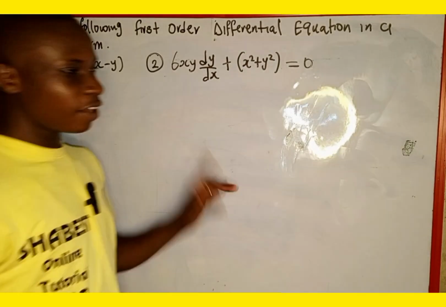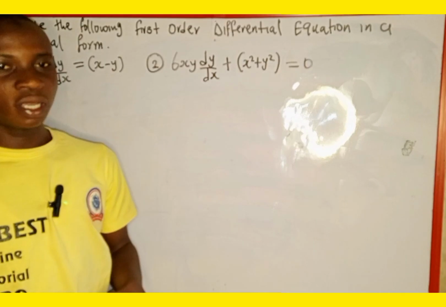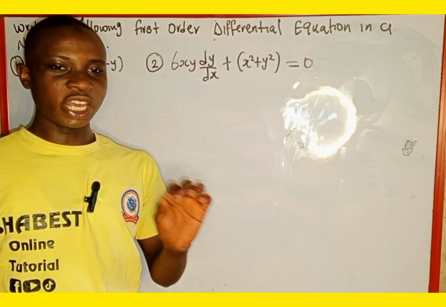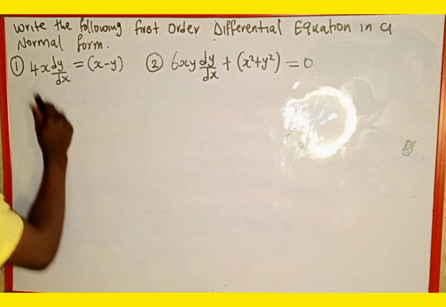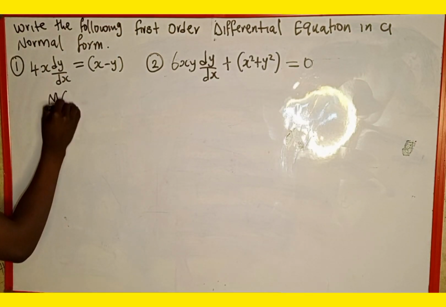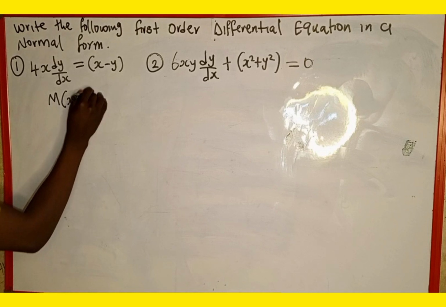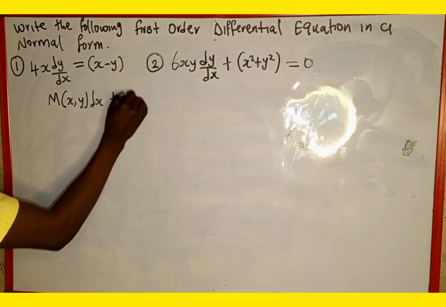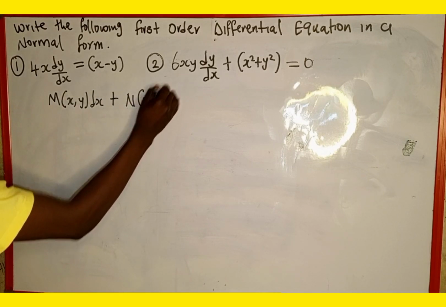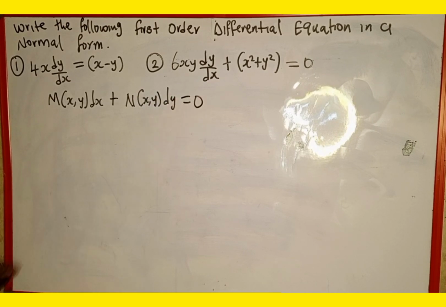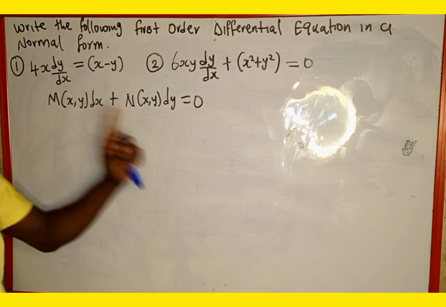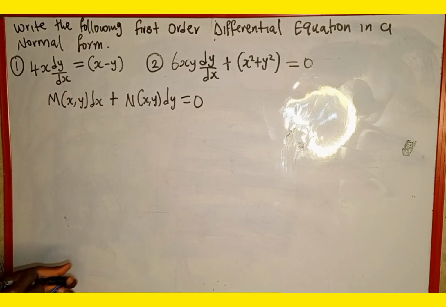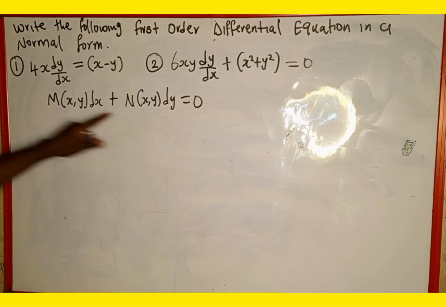Mind you, a first order differential equation can be written in a normal form, and the normal form is M(x, y) dx plus N(x, y) dy is equal to 0. So this is the normal form of a first order differential equation. The question really is that we should write these two differential equations in this form, which is the normal form.